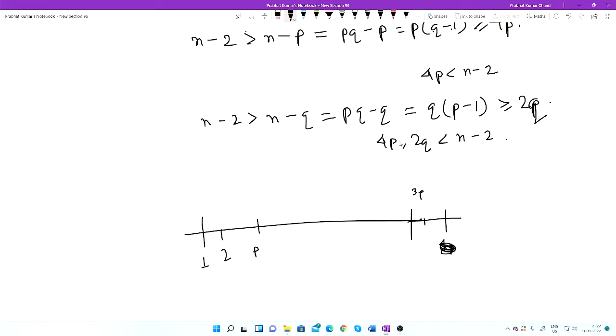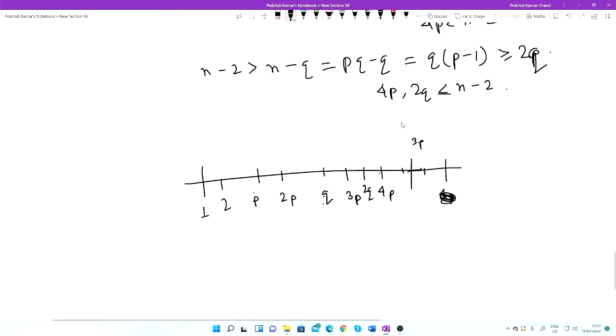These two numbers, 2q and 4q, are less than n minus 2, so p lies somewhere between, and q lies somewhere between. Maybe 2p is there, or somewhere 4p is there, and between them 3p is there, and somewhere there will be 2q.